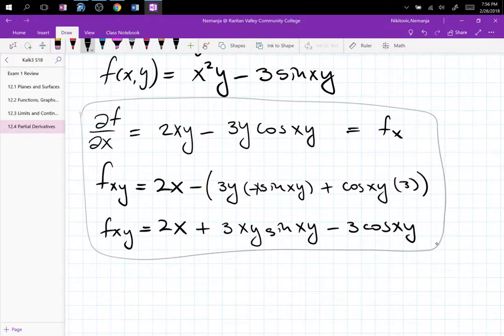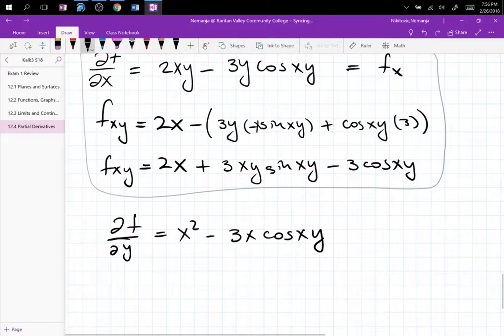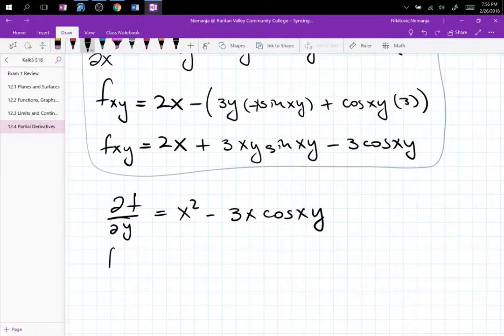And now I'm doing the second part, which is partial f partial y. Start there. When I take partial y, I get x squared minus 3x cosine xy. And now I need to find, so this is equal to fy, right?